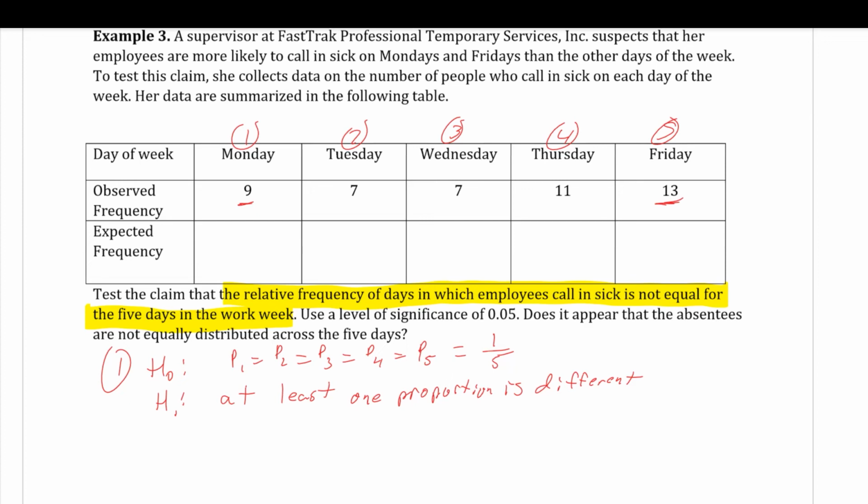The relative frequency of days in which employees call in sick is not equal for the 5 days. So she actually suspects that it's not the null hypothesis, that they're not equal. She suspects that it's the alternative, that at least one of these is different, right? In particular, she believes that Mondays and Fridays have a higher frequency of people calling in sick. Okay, let's see if she's right.